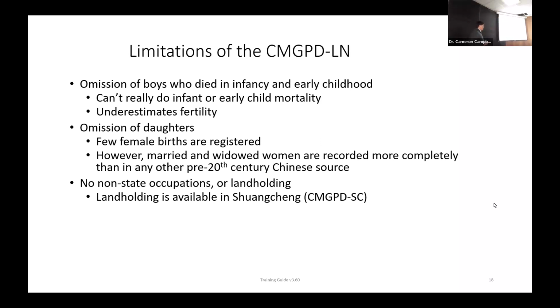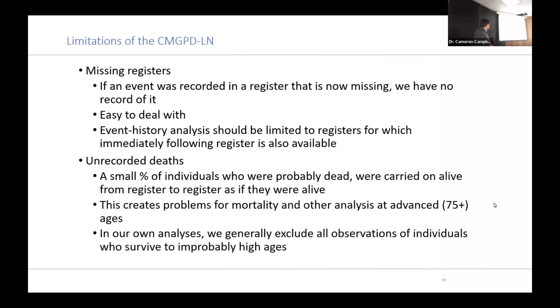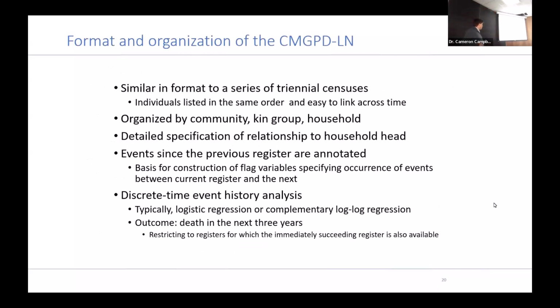And all of our SES measures are based on occupations associated with government service. In the Liaoning data, we don't have private occupations. There are also some missing registers, and a small number of unrecorded deaths, where people just go on and on from one register to the next without dying, but I won't get into that.